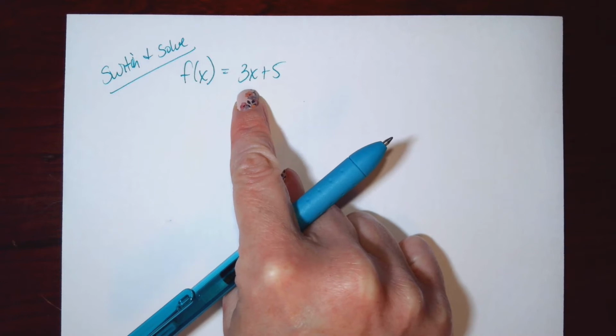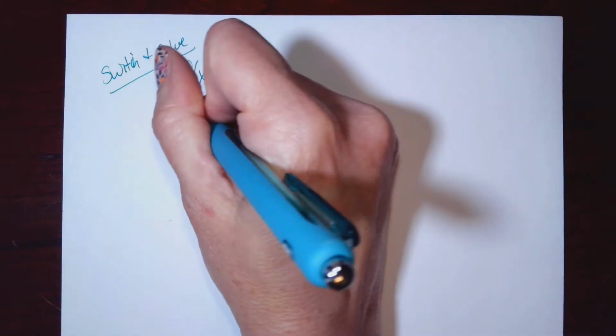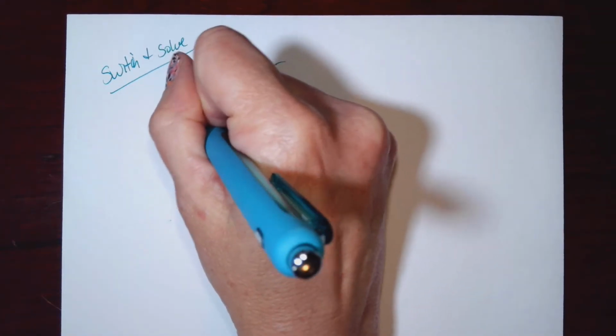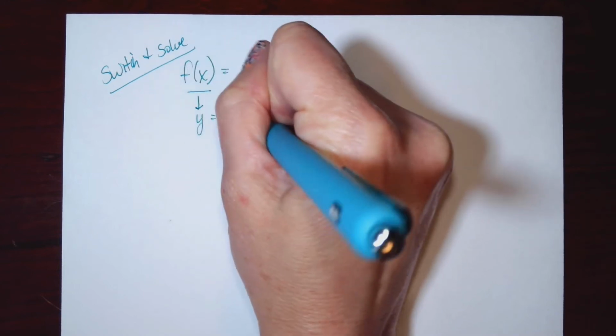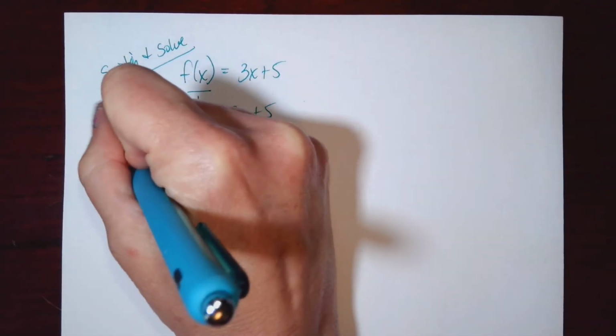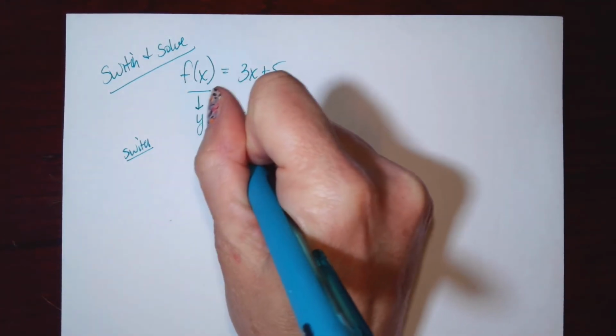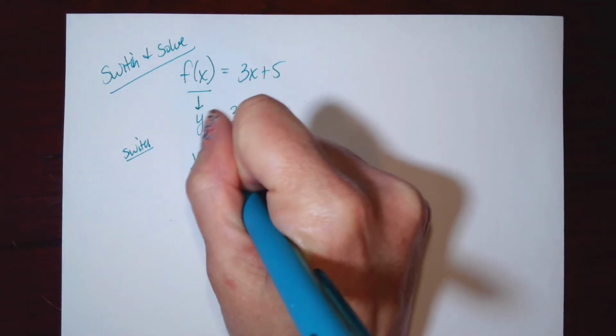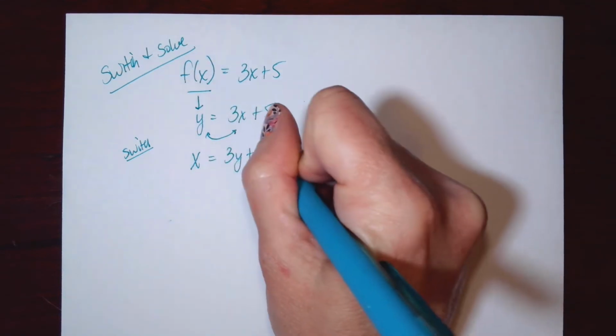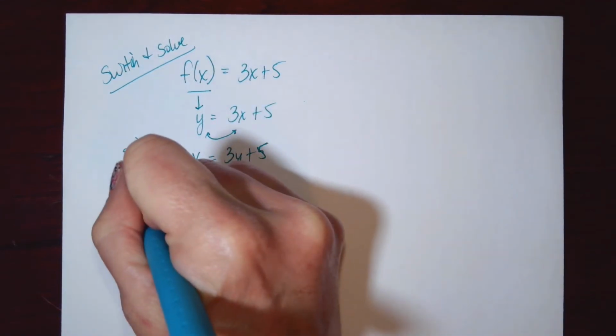Well, if I want to invert this function, I'm going to replace f of x with y, and then I switch the x and y. So I make that switch, so I have x equals 3y plus 5, and now I need to solve for that new y.